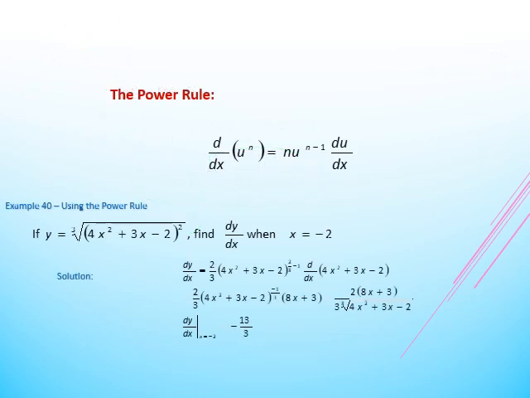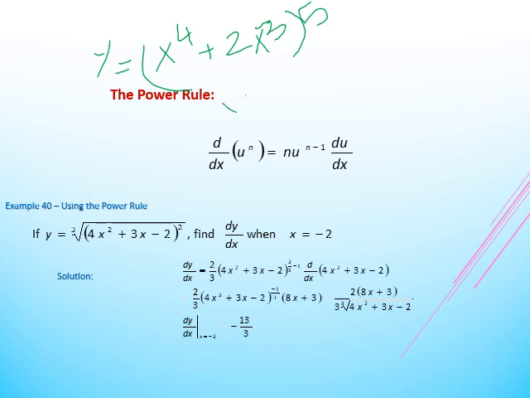Let's move to the power rule for differentiation. The power rule is very simple. If we have, for example, let's make another very simple example, x to the power 4 plus 2x to the power 3, all to the power 5. Now, how do we use the power rule?